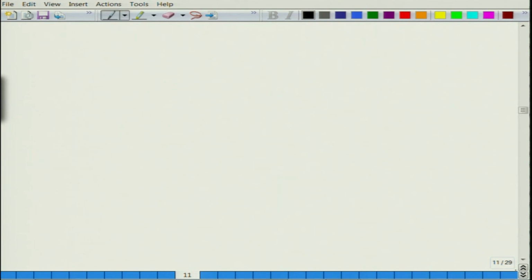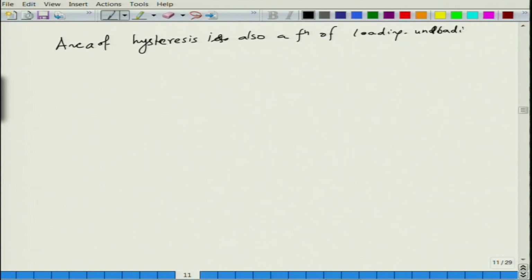And thus the area of this hysteresis is also a function of loading and unloading frequency.